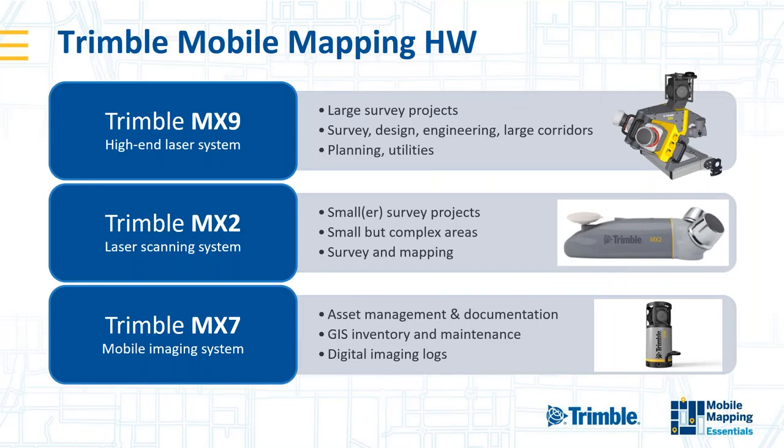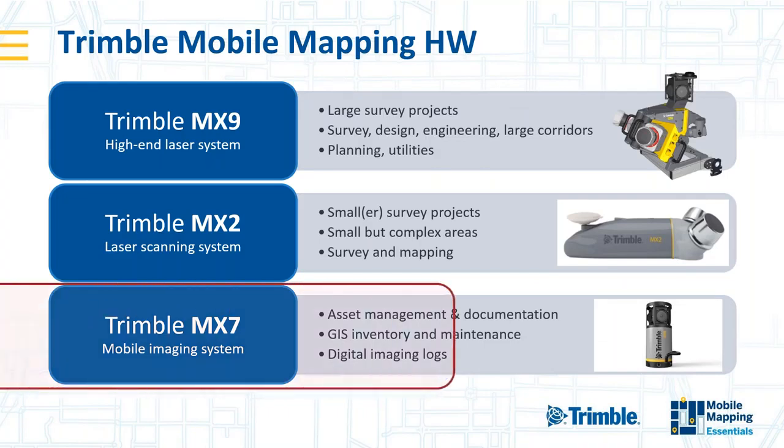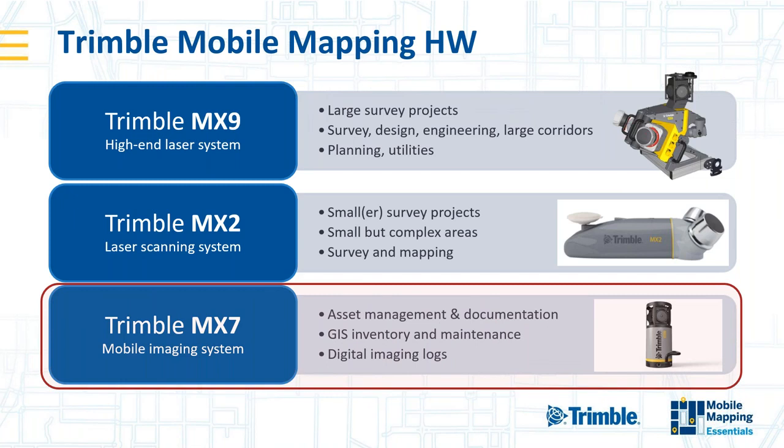So that's another way of looking at our products. And just for clarity and to make sure you're on the right webinar, this webinar will talk about the MX7 mobile imaging system and its use for asset management and populating GIS.